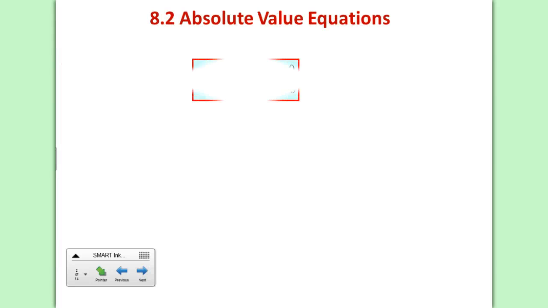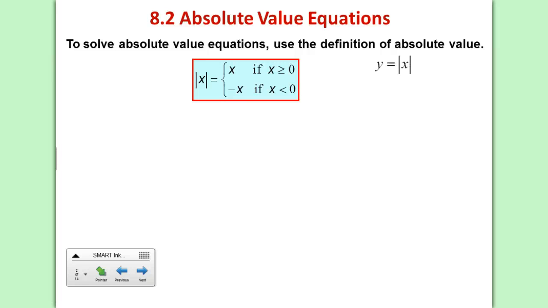So absolute value functions, some of the things we talked about last day. Really important: the positive part of it and the negative part of it. What do we know about it? Well, we know that the range of this must be greater than or equal to 0.